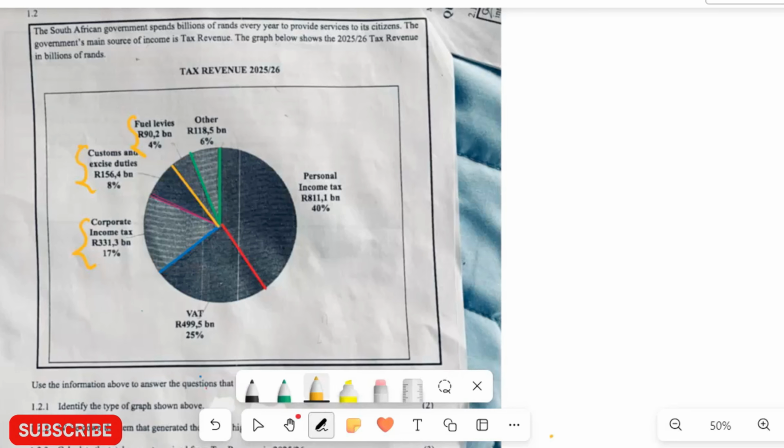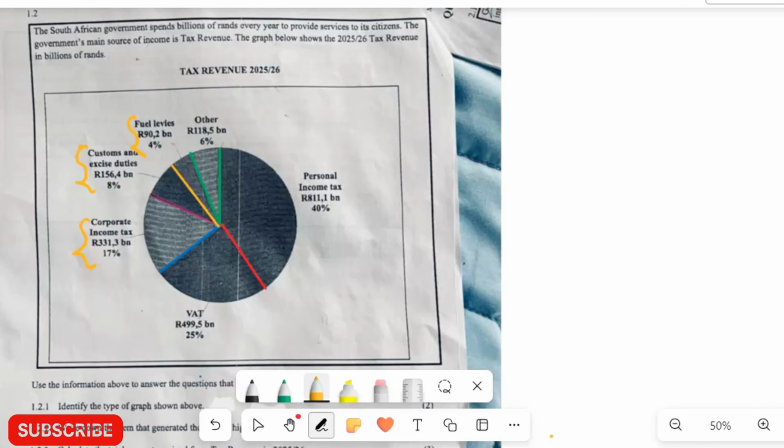They also pay tax. So it's called fuel levies, which was 90.2 billion rands and constituted only 4% of the total tax revenues for 2025-26.